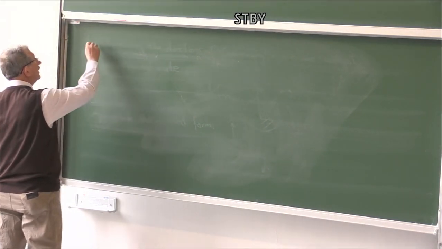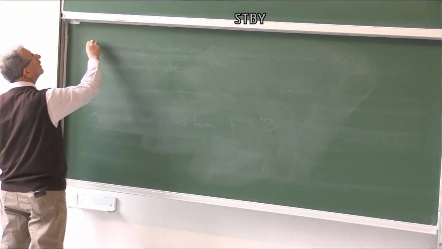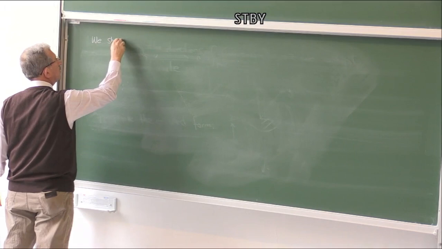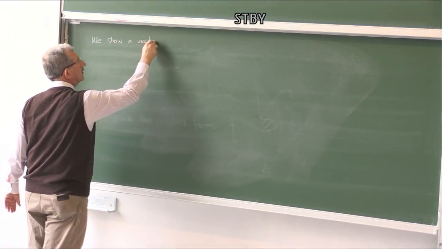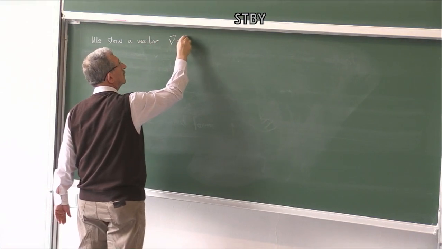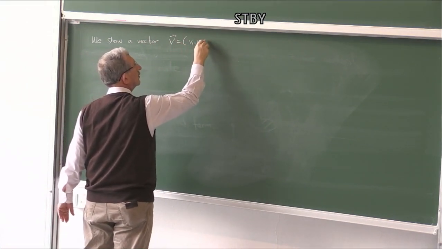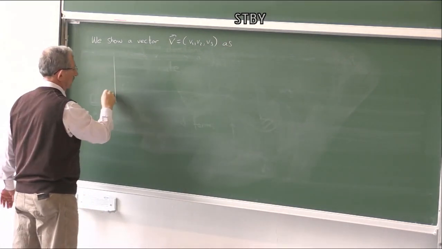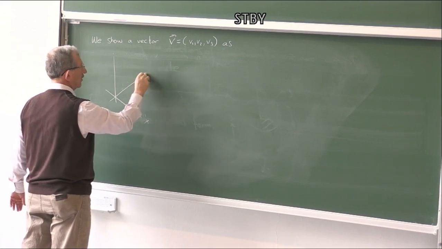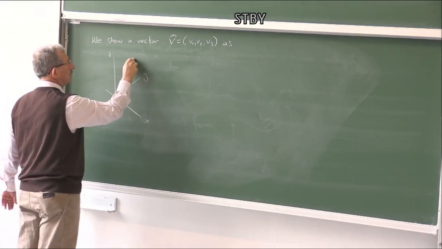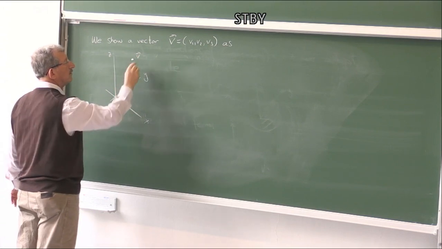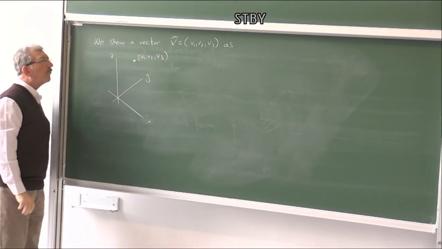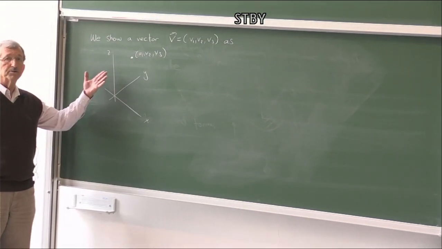So firstly, we show a vector as the following. This is the point, let me use here v1, v2, v3. This is the point. It is the vector, mathematically speaking.